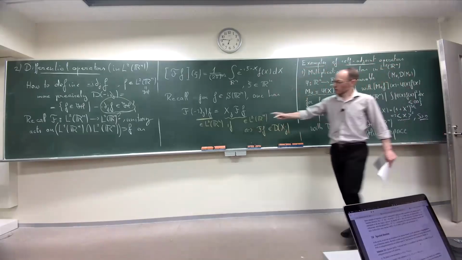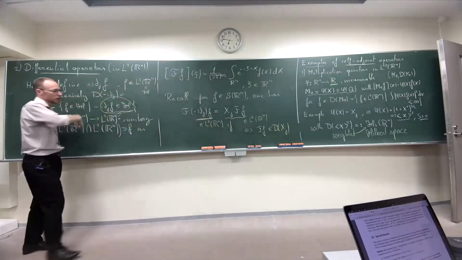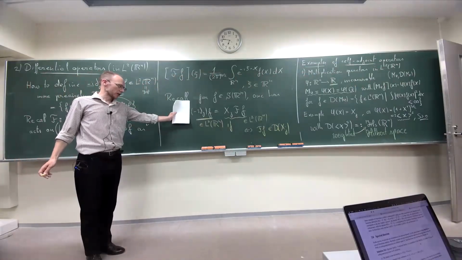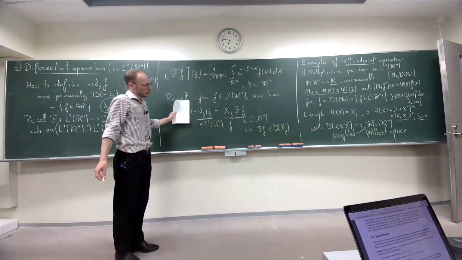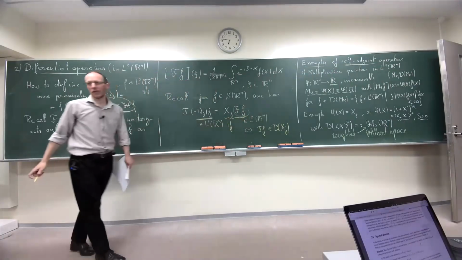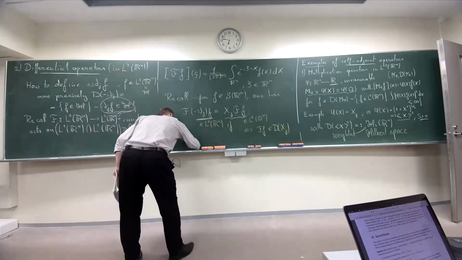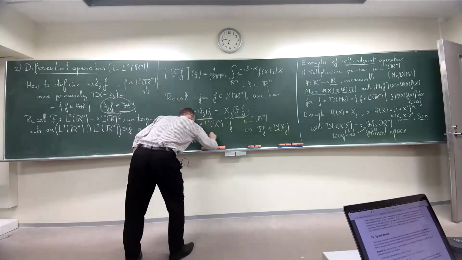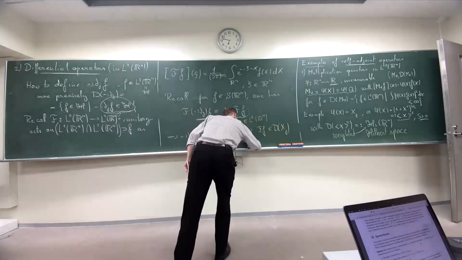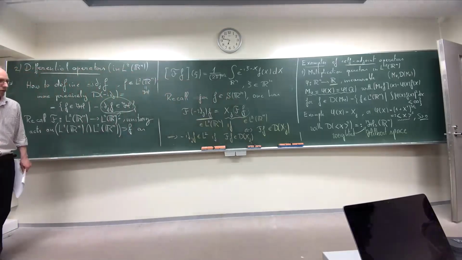Think about it. I want this to be in L2. Then this Fourier transform doesn't change anything because if it is in L2, the Fourier transform is again in L2. So I can forget it for a second. But this is going to be in L2 if the right-hand side is in L2. And the right-hand side is in L2 if this is in the domain of Xj. So I end up with this conclusion that minus i dj f is in L2 if the Fourier transform of f is in the domain of Xj. And in fact, it's an if and only if. You can go in both directions.